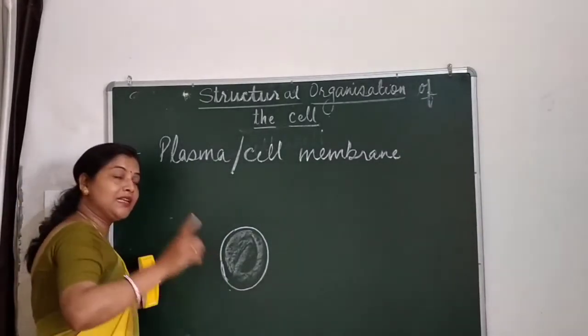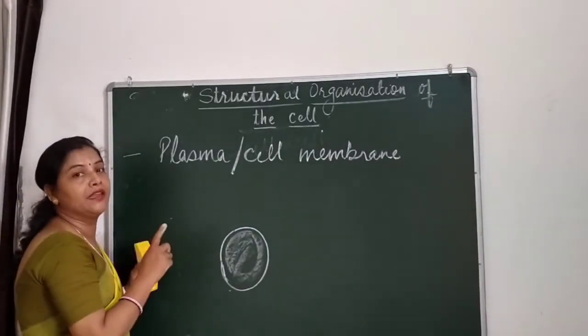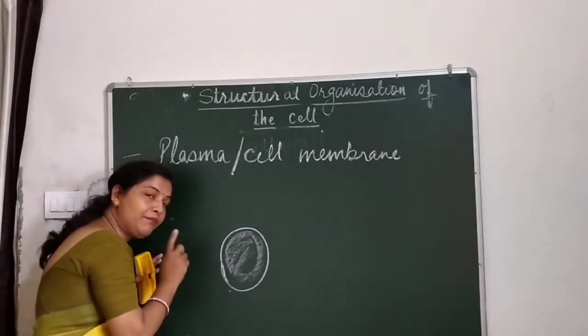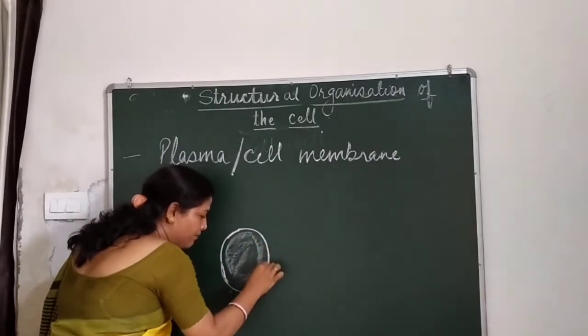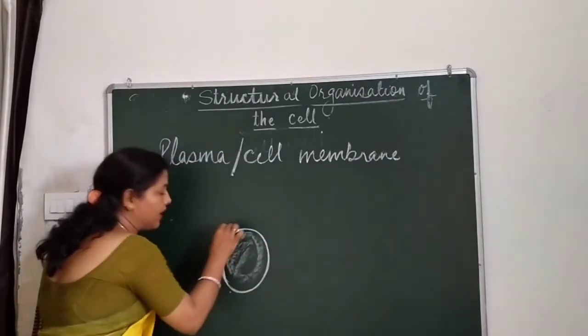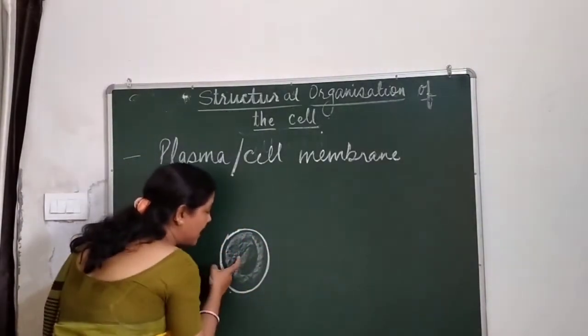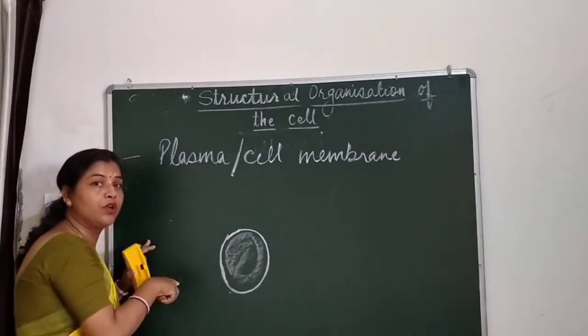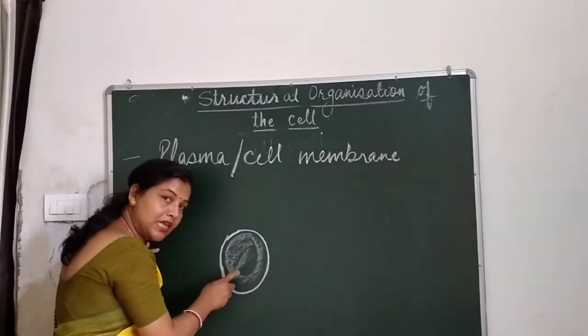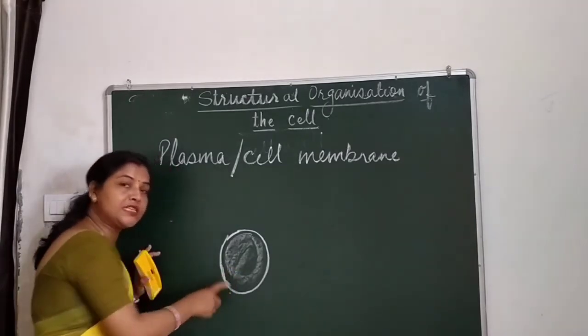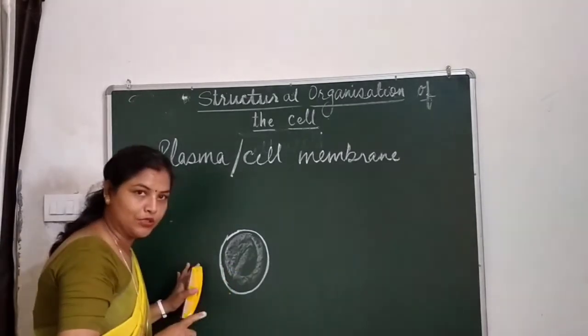It acts like a mechanical barrier. How? Due to this plasma membrane or cell membrane, it never lets substances get out or harmful substances get in the cell. So it is a mechanical barrier also.